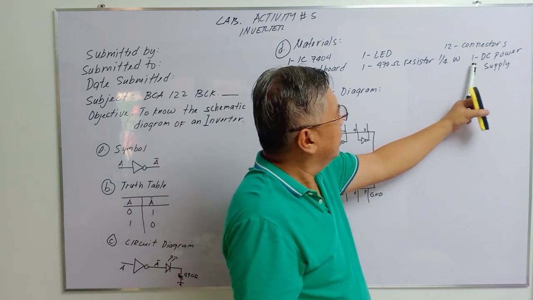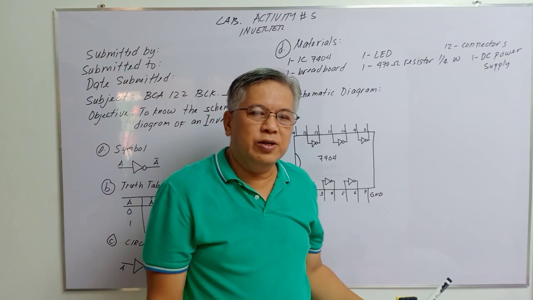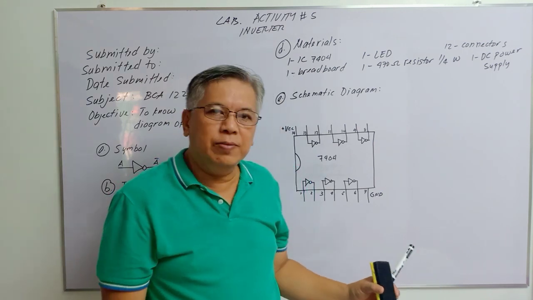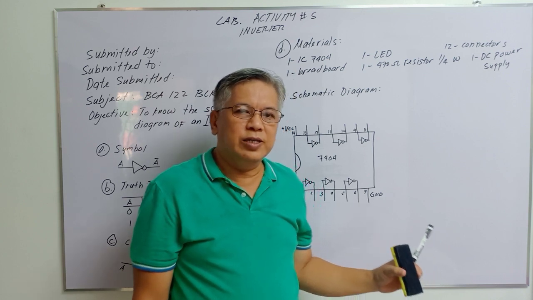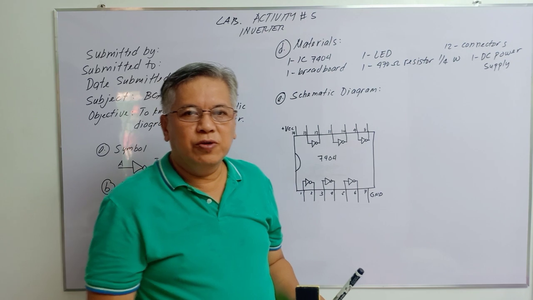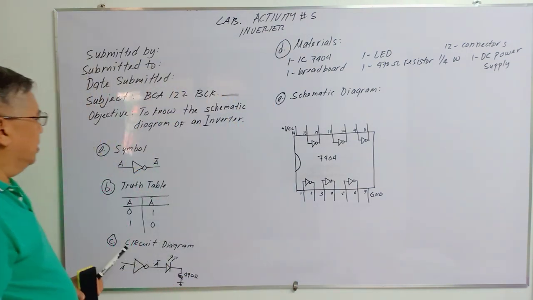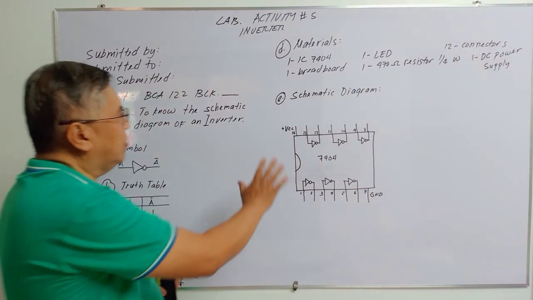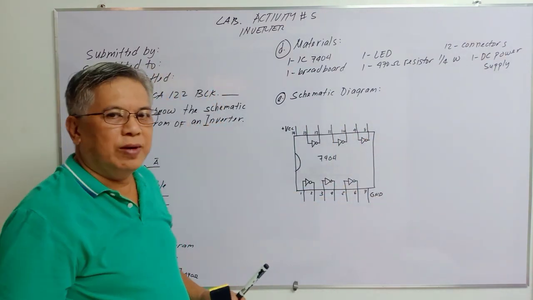Then you have one DC power supply. As much as possible, variable, from 5 volts to, say, 24 volts DC. Or if you have, we can also use a 9 volts battery for our power supply. Okay, so this is our area here for making the schematic diagram.